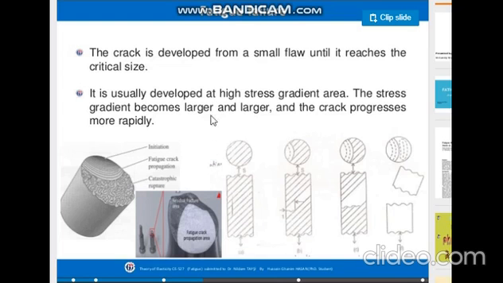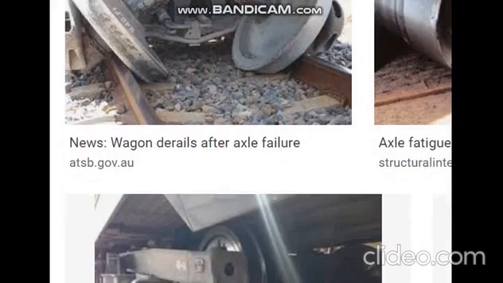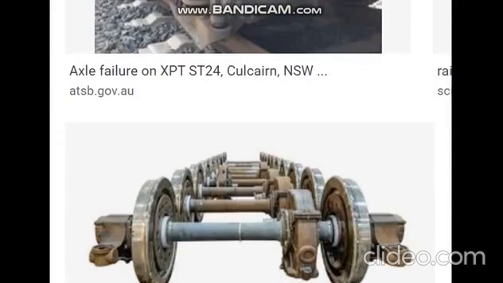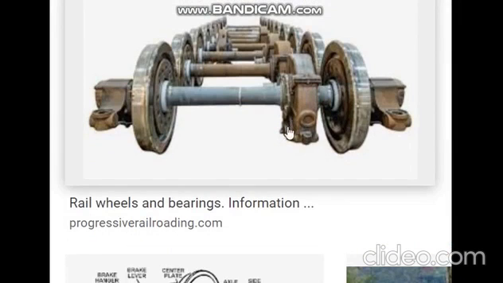I will see if I can find you some figure. Now here you can see these axles, these rolls.